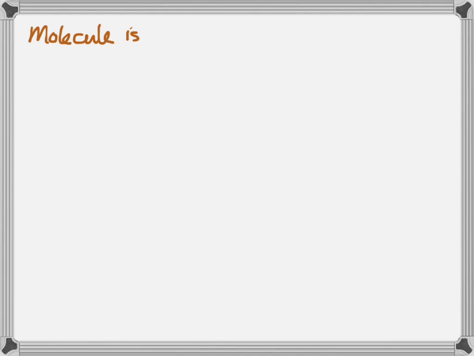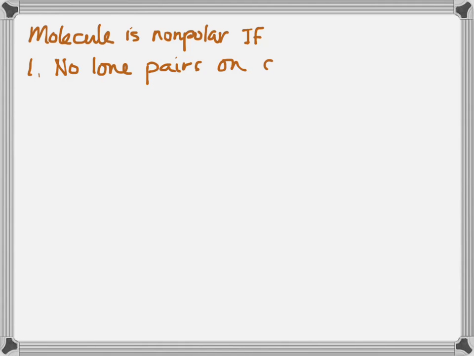The molecule is nonpolar if both of these are true. 1, no lone pairs on the central atom. If you see lone pairs, it's probably going to be polar.